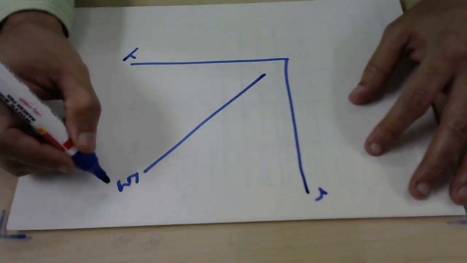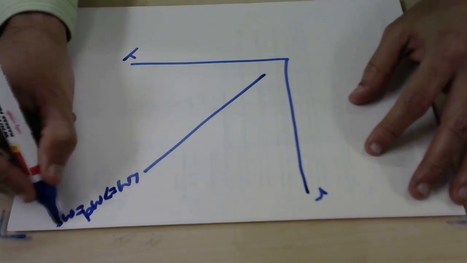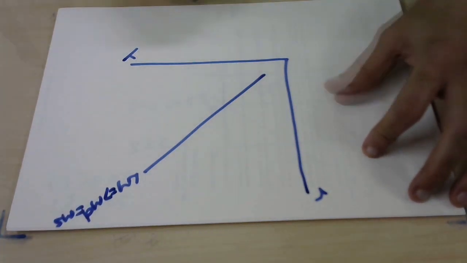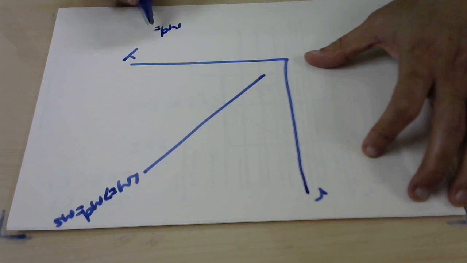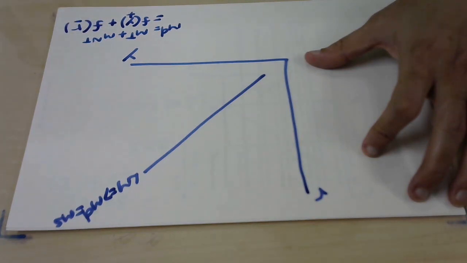That means the LM curve implies money demand is equal to money supply. Money demand had two components, which is transaction demand plus non-transaction demand for money, which was a positive function of income, and this was a negative function of interest rate.